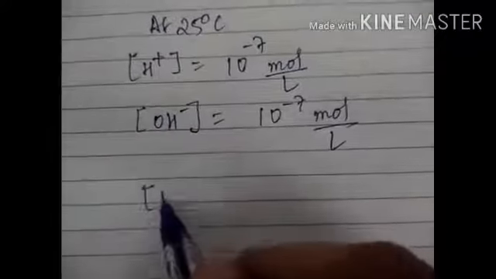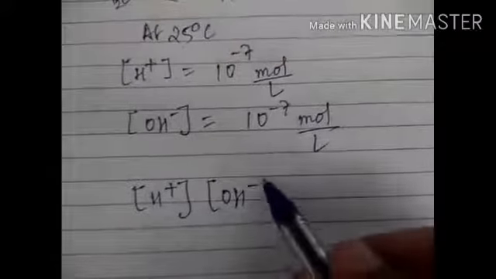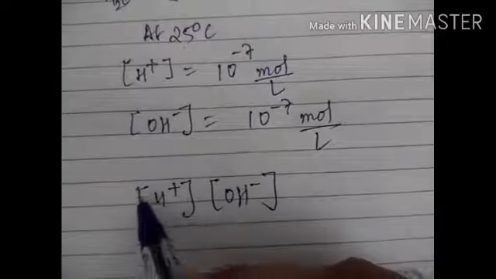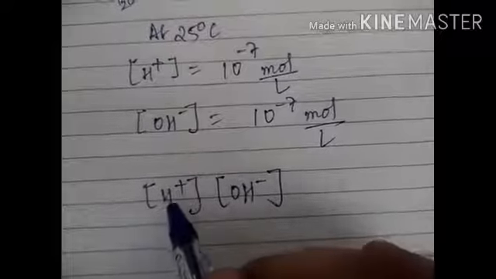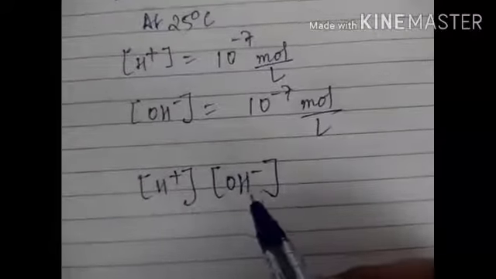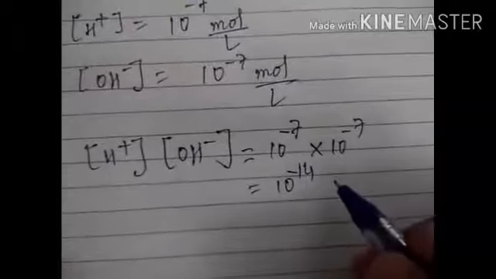Now if we multiply both H plus and OH minus, I am writing within the bracket, so it means concentration. So it is H plus concentration multiplied by OH minus concentration. What will be the result? 10 raised to the power of minus 7 into 10 raised to the power of minus 7, and that came out to be 10 raised to the power of minus 14.